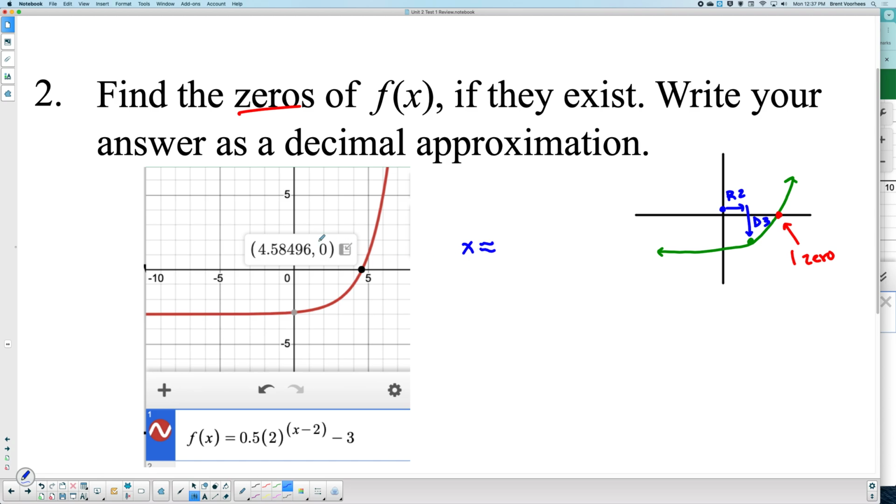I'm going to do the approximately symbol. 4 point, would it be 584 or 585? 585. That's my 0. Great.